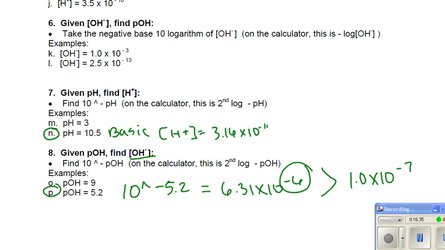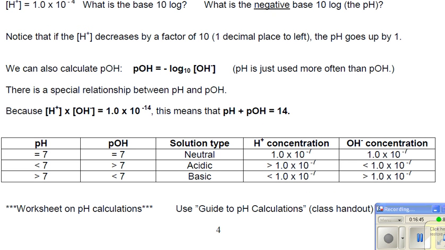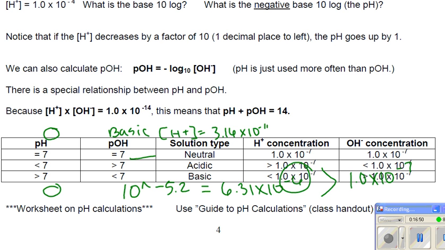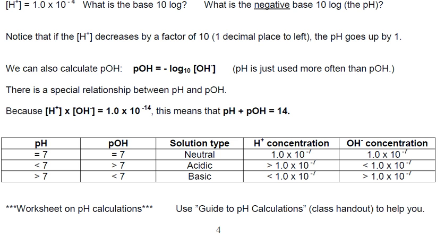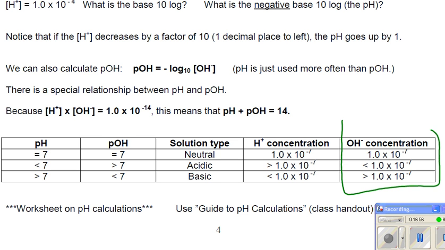Okay, so negative 6 is larger than negative 7. So go to your notes. This time we solved for hydroxide. So we're looking at this portion of the scale.